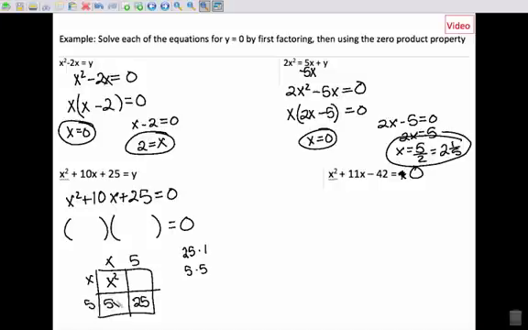So this would be 5x, and this would be 5x. And then these 2 add to that middle term. And we saw that yesterday in the daily math, where they added to the middle term and multiplied to the last term. So we're going to have x plus 5 in one parentheses and x plus 5 in the other parentheses. We could also write that as just x plus 5 squared, which we'll see later.